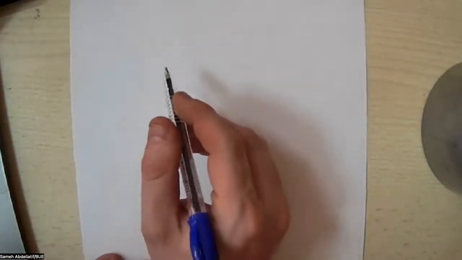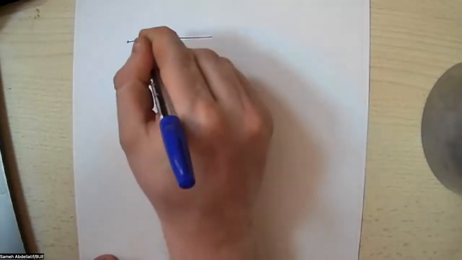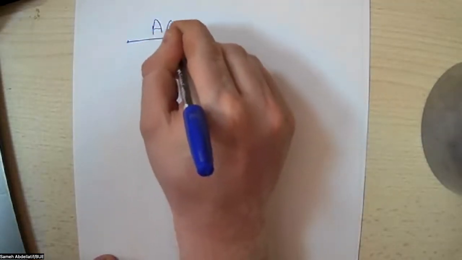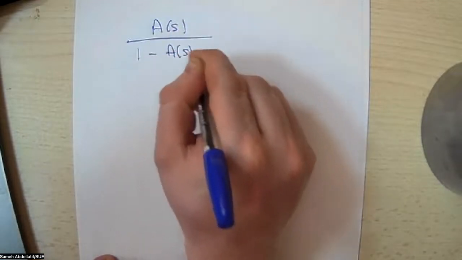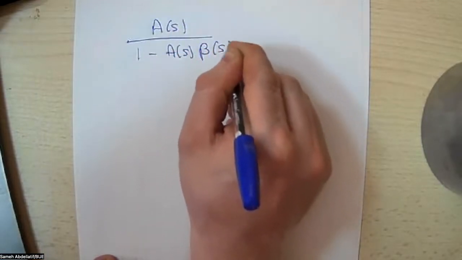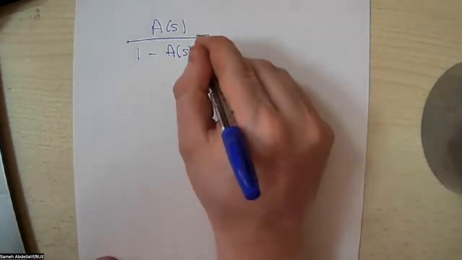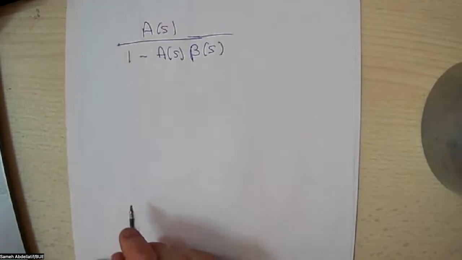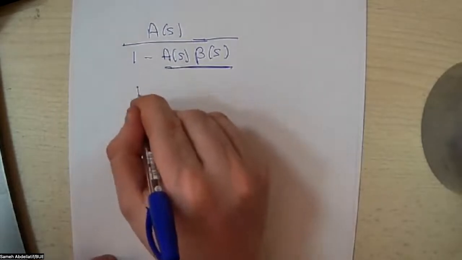So, as you can see, my dear students, we have here a transfer function: A of S over 1 minus A of S times beta of S. Okay. What if you manage to have this term, A of S beta of S, to be equal to 1?